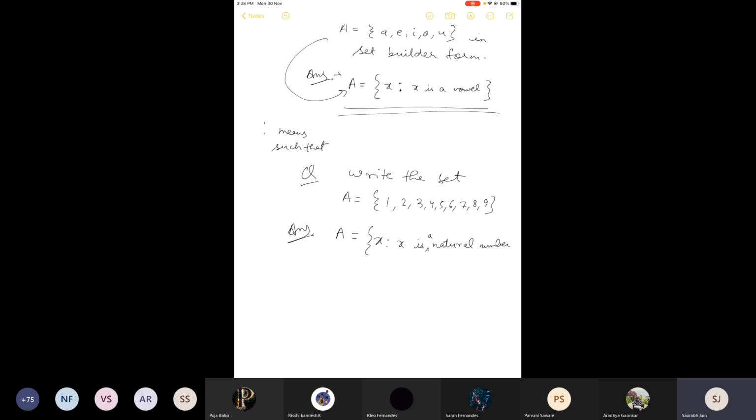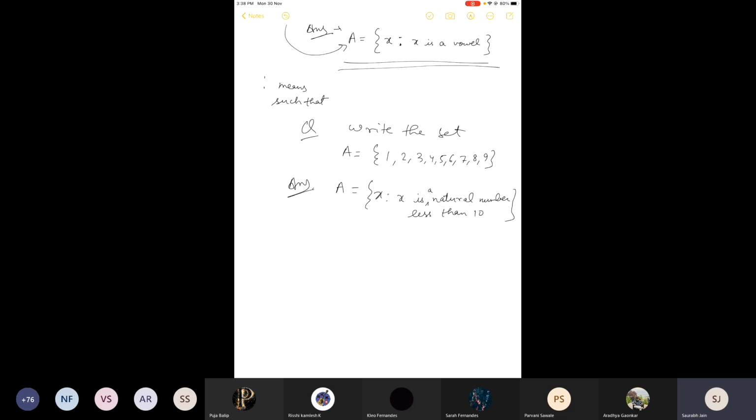So it is a natural number, but not all natural numbers. So what you will write? x is a natural number less than 10. Now you will get only these 9 elements, no other element beyond this. So try to write it, keep it simple, don't make it very complex, and meaning should be clear. That is important.